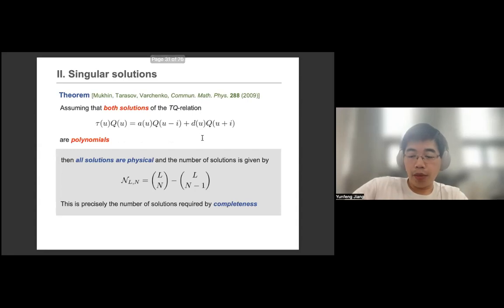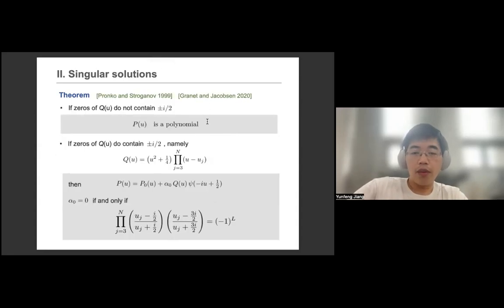Then in the paper of Gromov and Jacobsen in 2020, they proved that when the roots of Q(u) correspond to a singular solution, then this P(u), the dual solution, in general takes this form, where P0 is a polynomial, but we have psi, which is the digamma function. So this part is not a polynomial. Alpha 0 is an arbitrary constant. They also show that alpha equals 0 if and only if the u_j, where j runs from 3 to n, satisfy this additional constraint.